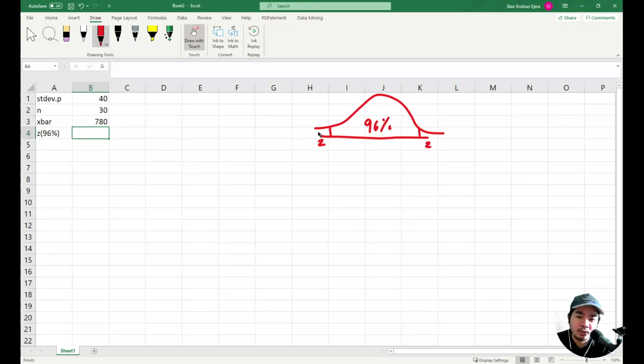So for this case, itong area na to, this is 2%, this is another 2%. Tapos itong malaking area na to, this is the 96%. And we are looking for, kumbaga ang hinahanap natin is this interval. So we are looking for the value if this is 780, yung mean niya, and this is normally distributed. Ang hinahanap natin is what is this plus minus here.